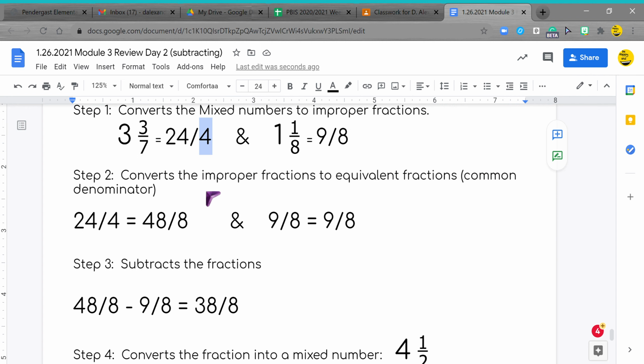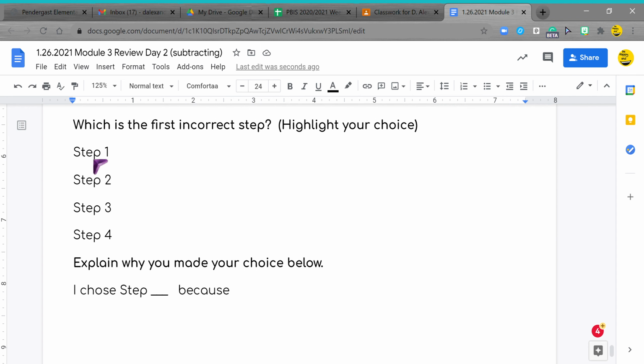So we can say right now it's step 1. I'm going to go ahead and highlight it, you guys.